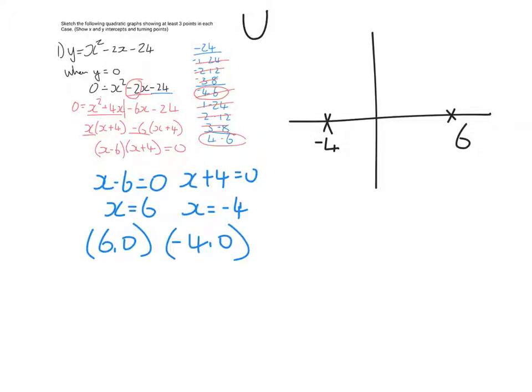And where's my turning point going to be? Well, if I'm 4 to the left of 0 but 6 to the right, it means my turning point is going to be to the right of the y-axis. So when I draw my curve, what I'm going to do is make sure that wherever it crosses the y-axis, my turning point is slightly below there.